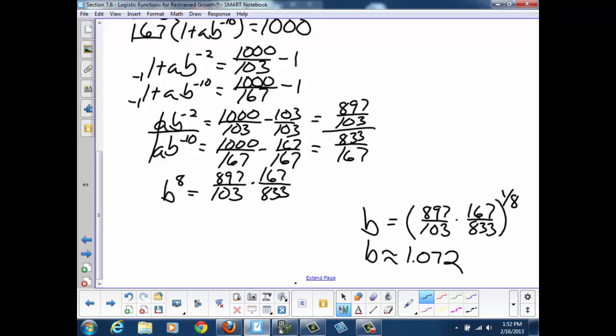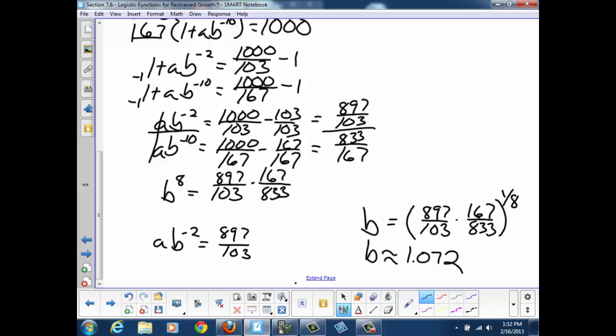Now that I have b equal to 1.072, I can go back into my original equations and solve for a. So I'll use my first equation, where I've got this set up as 1 plus ab to the negative 2 is equal to 897 over 103.